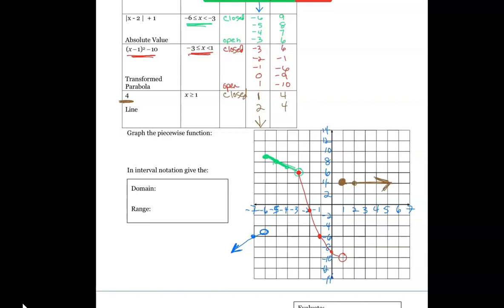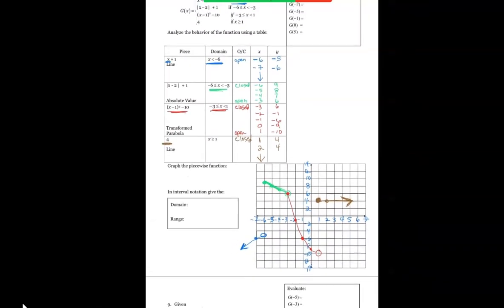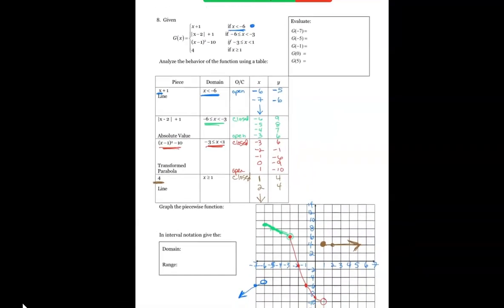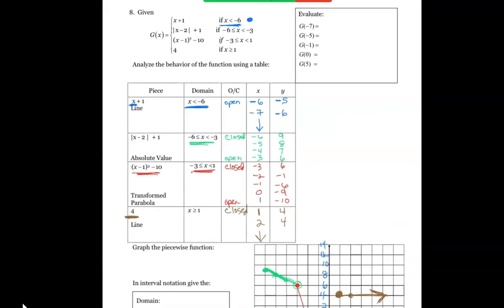Then I'm going to do 1, 2, and this is going to go like this. So I have all my pieces graphed. Let's use our table to see if I can do the evaluate. Have I ever plugged in an x value of negative 7? Yep, right here. So that's going to be a negative 6. What about a negative 5? Yep, right here. That makes that an 8. What about negative 1?